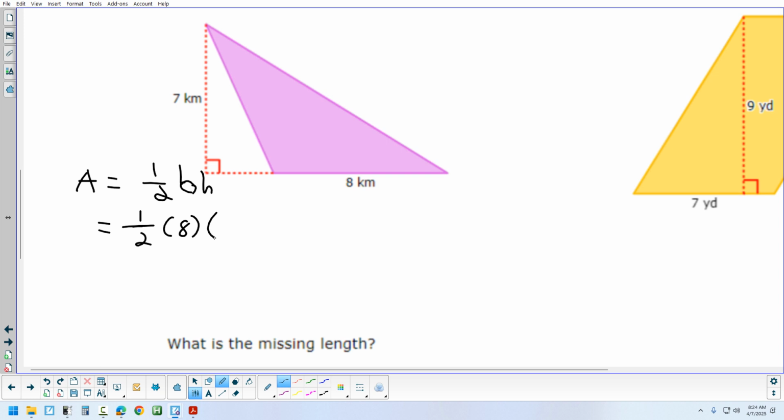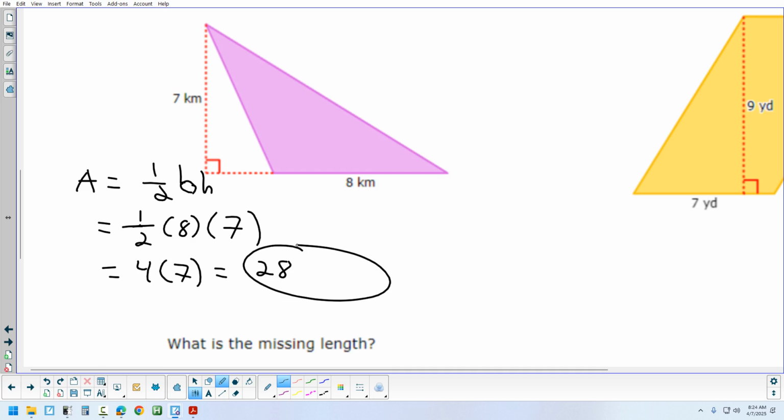It's the height straight down. Right? And now we just multiply. 1/2 of 8 gives me 4. And what's 4 times 7? 28. And because it's area, what should I put for a label on that? Kilometers squared, because it's an area. Yep.